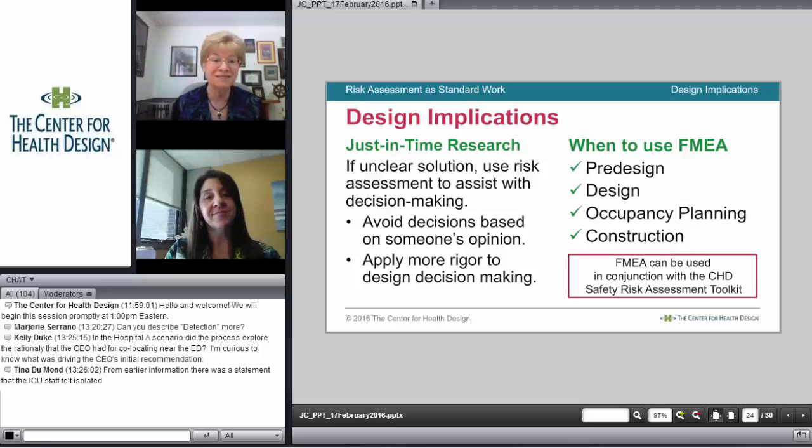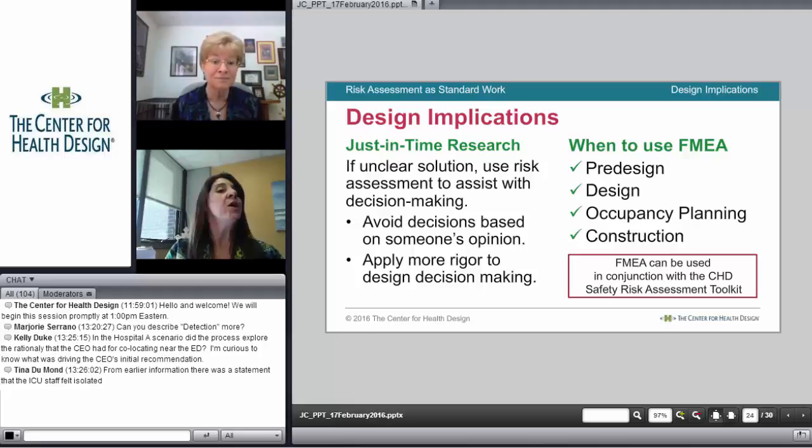It was interesting that when I published this article, I had no idea about the facility guidelines, so I was very excited with that. So as you go through that process with the toolkit, you may find a particular risk that you want to delve into deeper, and that's when you would do an FMEA to do further analysis on that. So they really work together hand in hand.